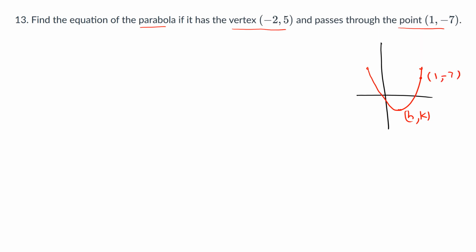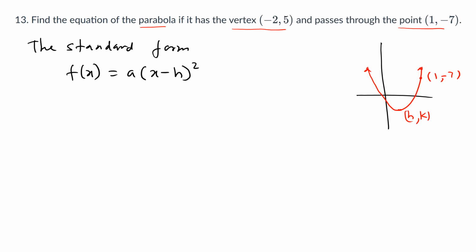Since the vertex is given, what you can do is write the standard form. The standard form is f of x equals a times x minus h squared plus k. Since the vertex is given, we know that h equals -2 and k equals 5.